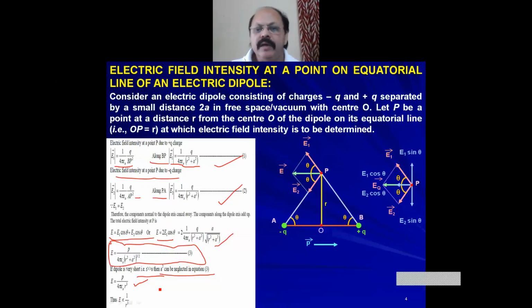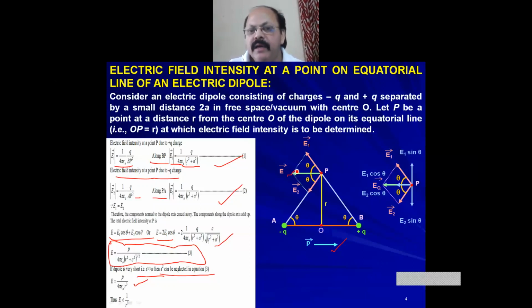Now we come to the direction. What is the direction of total electric field intensity at point P on equatorial line? Then you can see that the direction of electric dipole moment is represented by this arrow, and the direction of total electric field intensity is represented by this arrow.